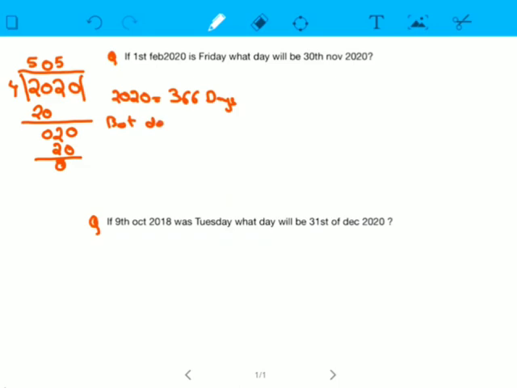But we do not need December and January because we're only going from 1st February 2020 to 30th November 2020. We do not need them.